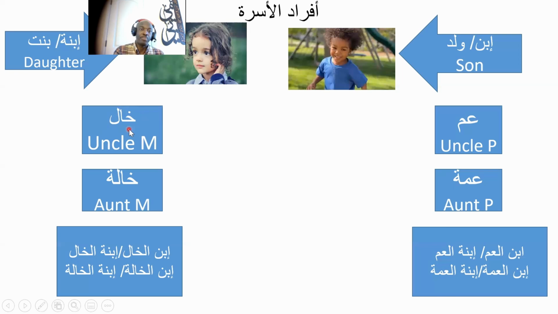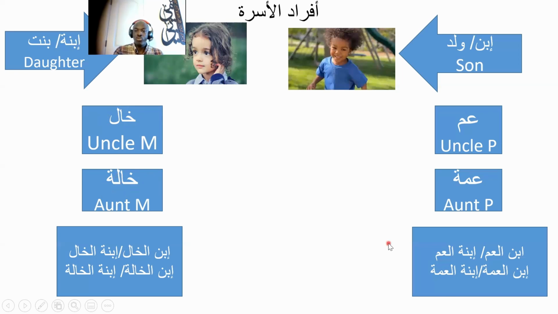Okay, let's see your mother's sister, for instance. We say Khala. We add a ta marbuta to uncle, and we have aunt, maternal. Khala: Kha, Alif, long vowel, Lam, Ta marbuta. Khala, that is aunt.